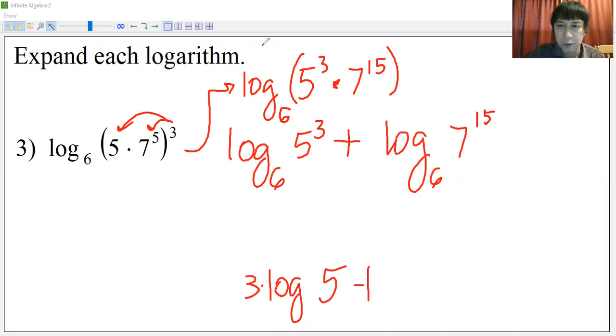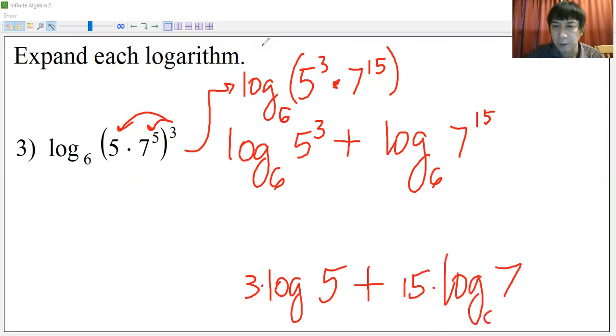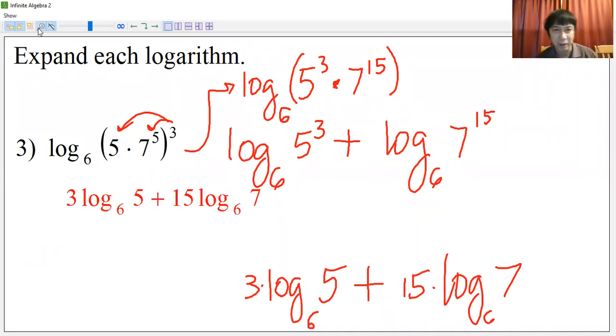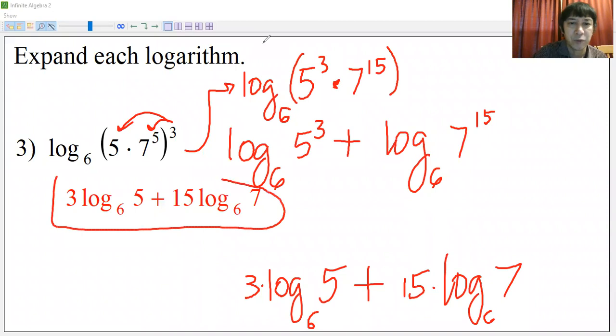This is plus 15 logarithm of 7, and these are both base 6. Now we can display the answer. There, so we were able to display it clearly, and it's exactly what we arrived at. So 3 logarithm 5 base 6 plus 15 logarithm of 7 base 6.